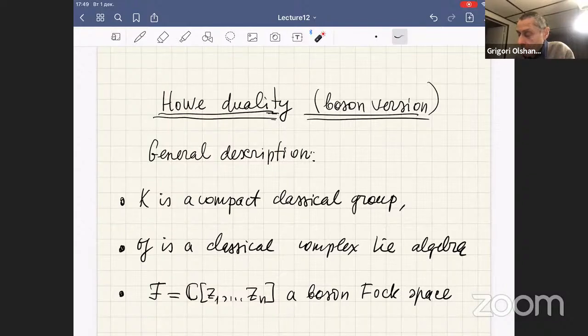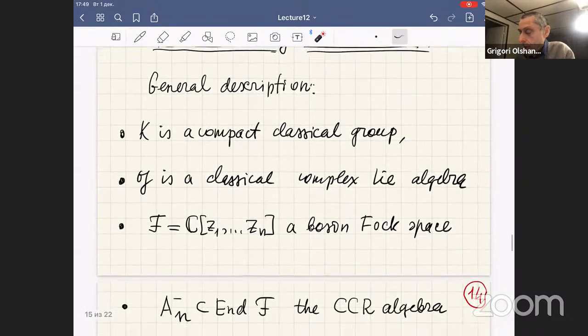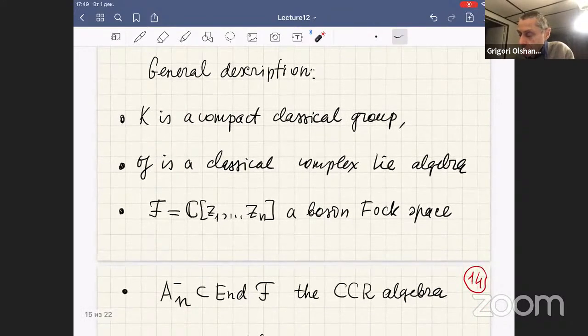So I begin to explain what will happen, some general description. I have to introduce a long list of data.